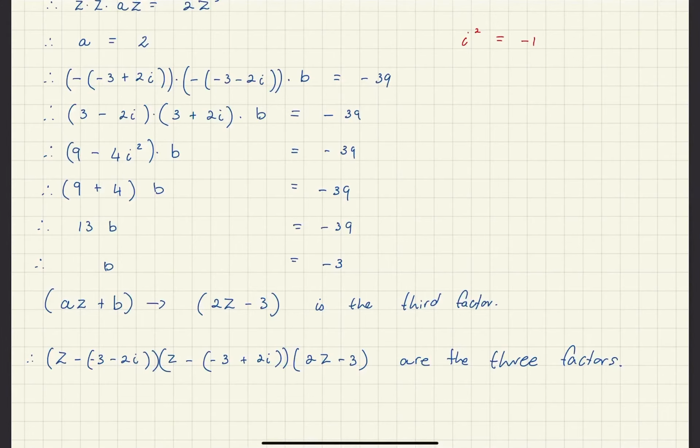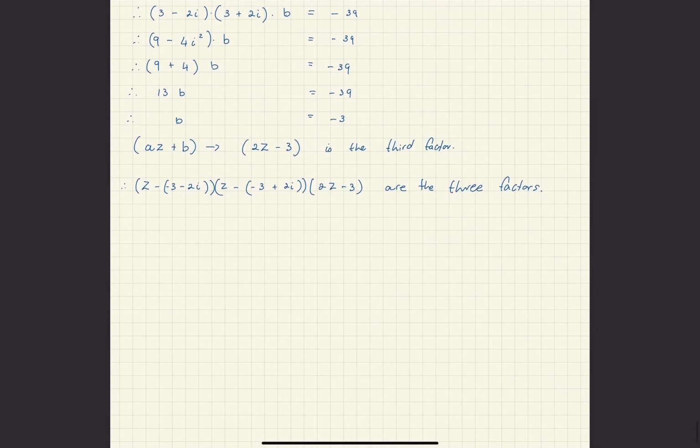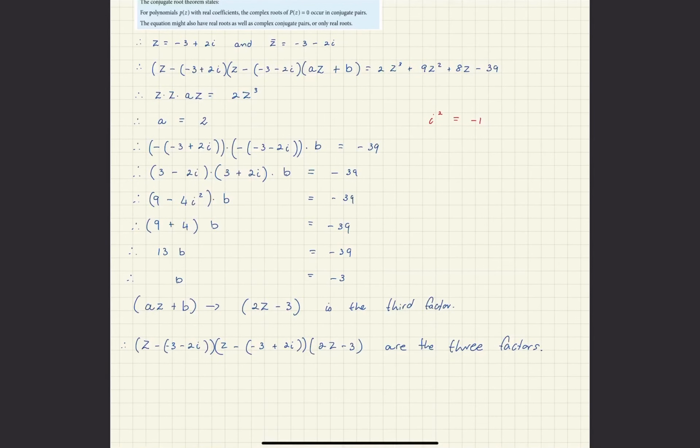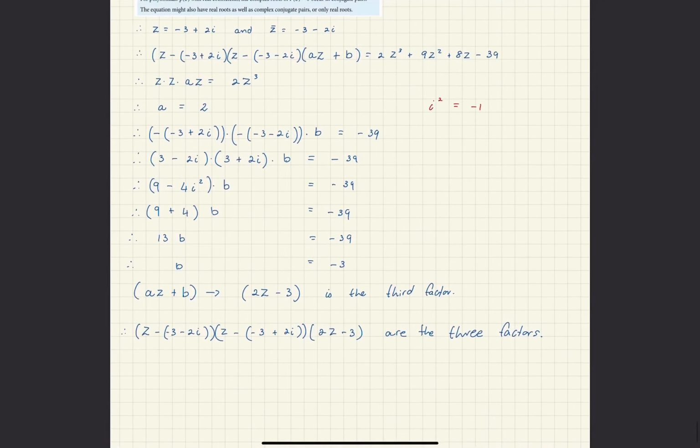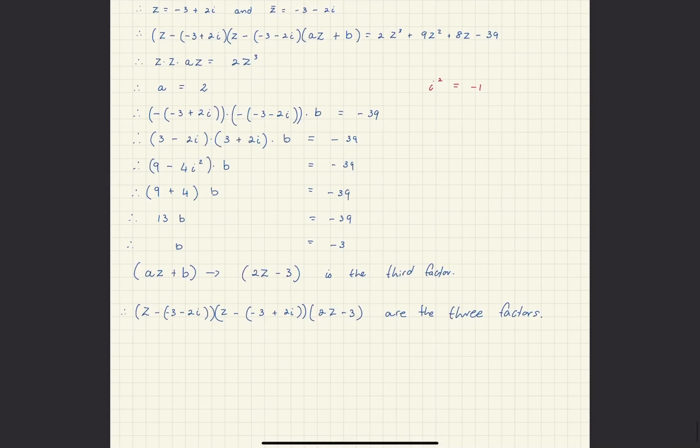If I wanted to know what the roots were, we could say that these are the roots here. So like I've said earlier, these are the roots. Okay, let's just explore what this root would be, even though the question doesn't ask us to do that.